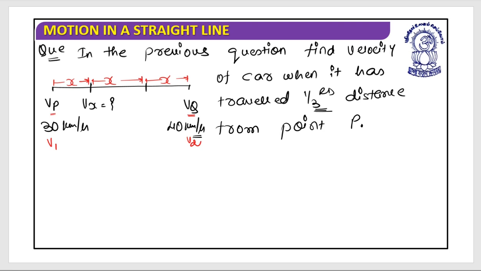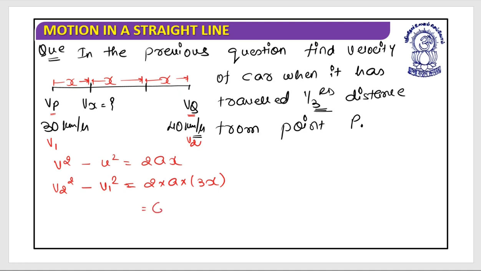So what I can have is V square minus U square equals 2AX. This should be my master formula. So this is V2 square minus V1 square equals 2 into A into total distance, which is 3X.